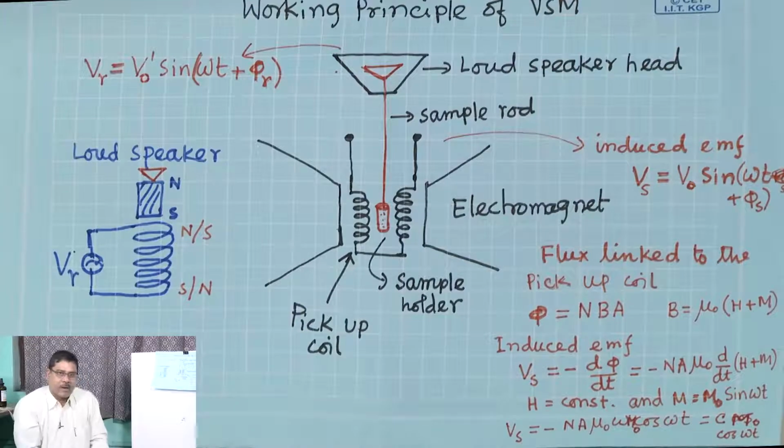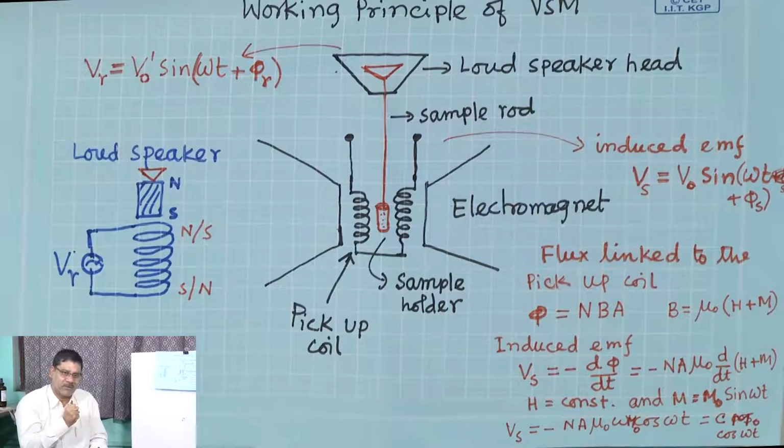Now, for measurement of this magnetization, there are two ways to measure it. One is the force method, another is the induction method. Here we will use the induction method. In another experiment we will use the force method. That I will discuss later on.